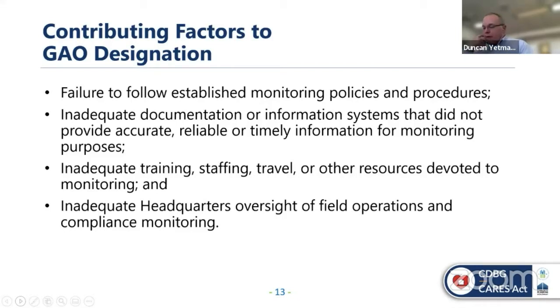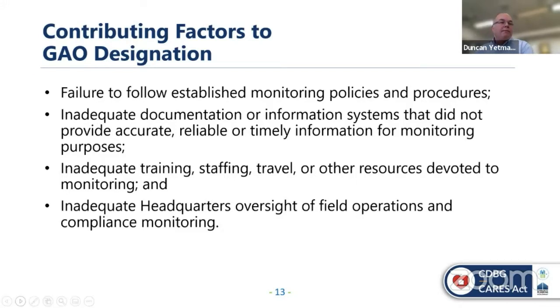They noted our failure to establish monitoring policies and procedures, and to follow them. We had established monitoring policies and procedures, but they weren't being followed. Inadequate documentation or information systems that did not provide accurate, reliable, or timely information for monitoring purposes. Inadequate training, staffing, and travel. Inadequate headquarters oversight of field operations and compliance monitoring.